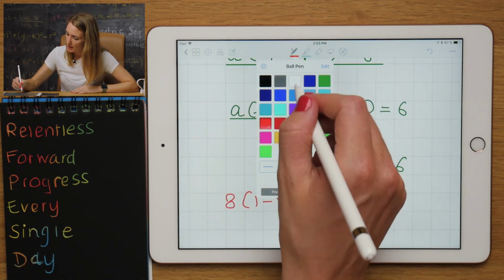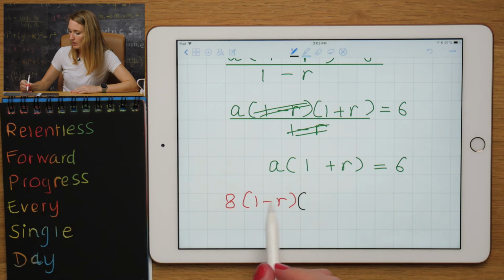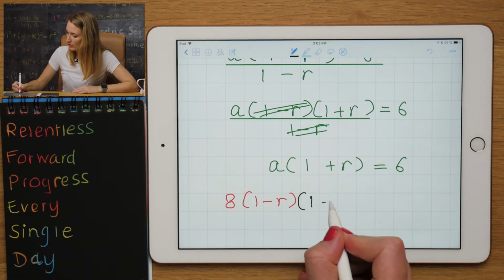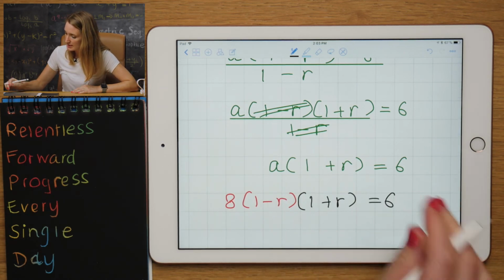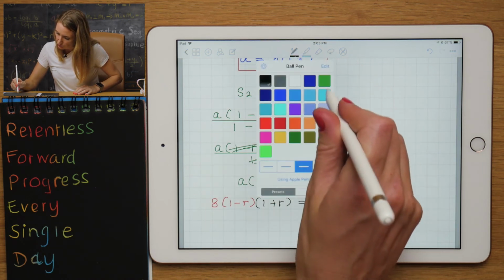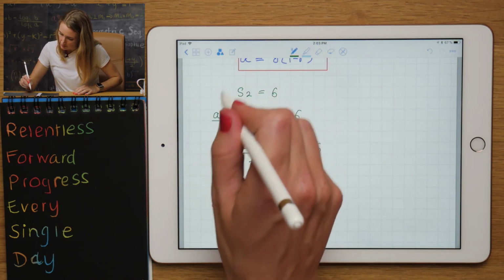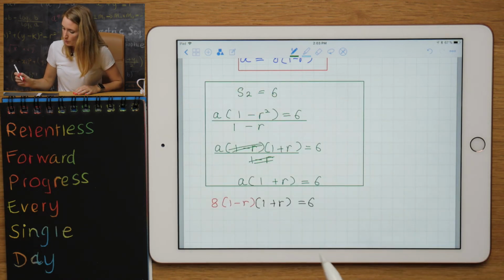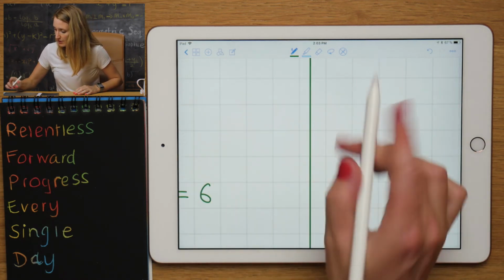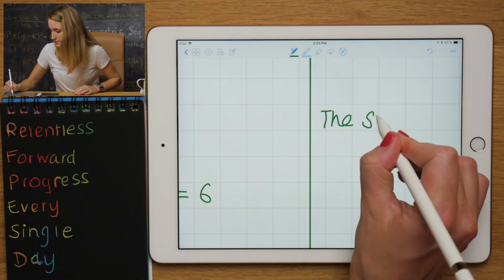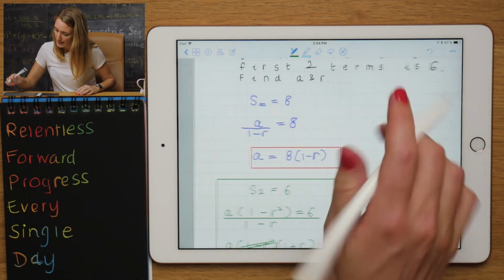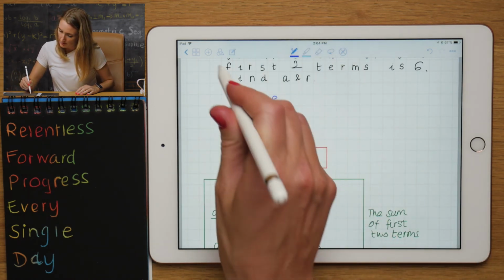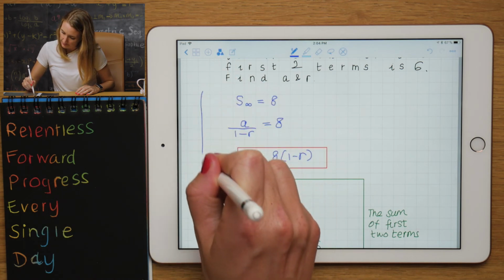So that's what I've got from here, and then I already had a(1 plus r) equals 6. Everything that's in green, before we move on, came from the second piece of information, which was the sum of the first two terms. And the blue again from the sum to infinity.